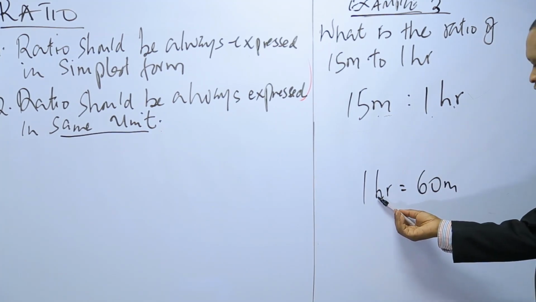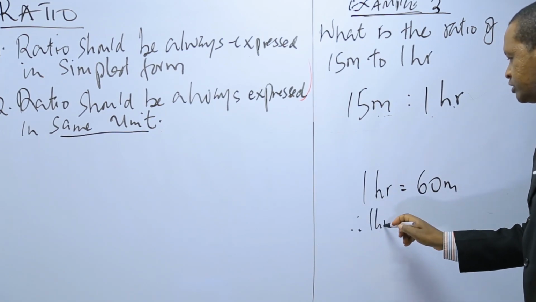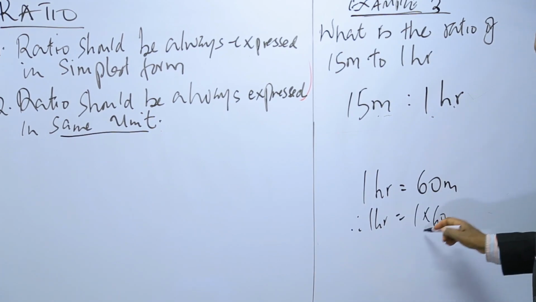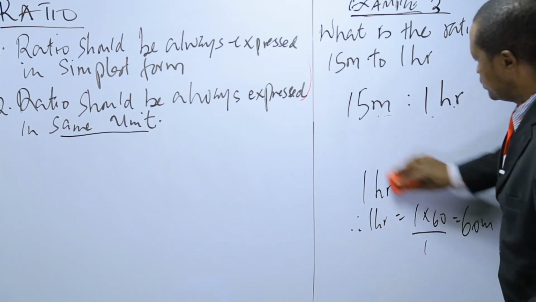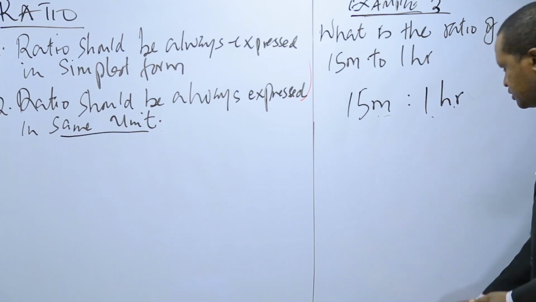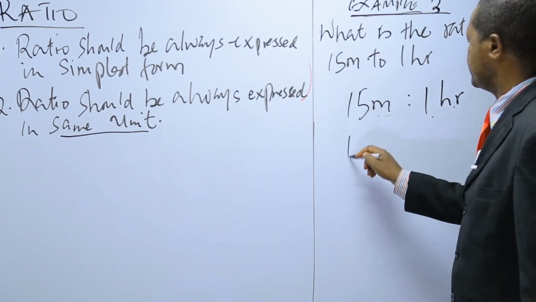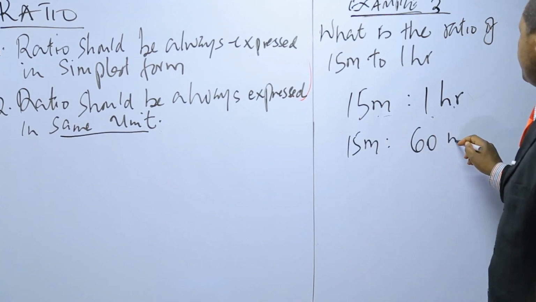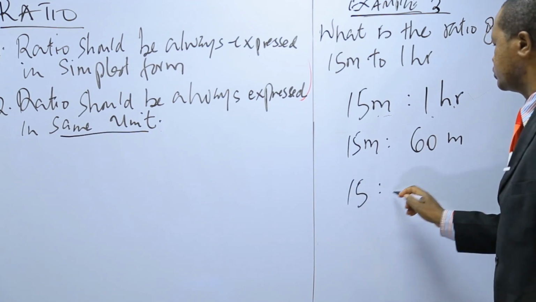Therefore, 1 hour will be equal to 1 times 60 over 1, which is equal to 60 minutes. So the ratio can be rewritten as 15 minutes to 60 minutes, 15 to 60.